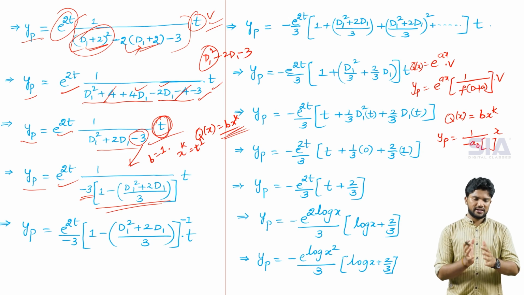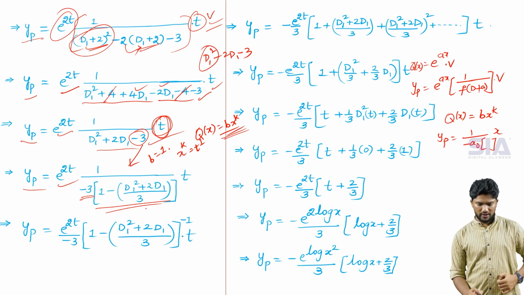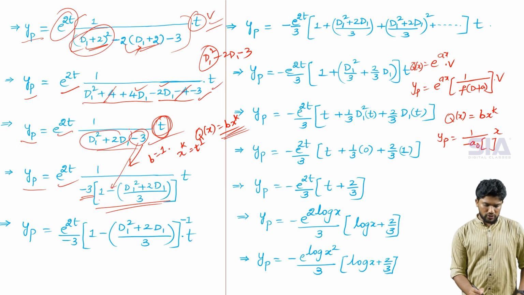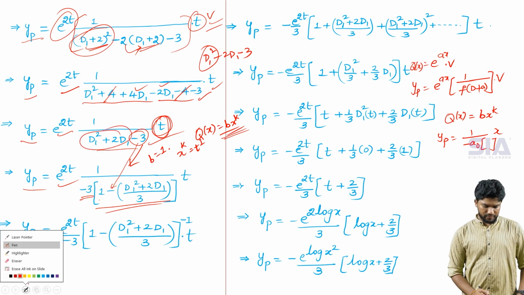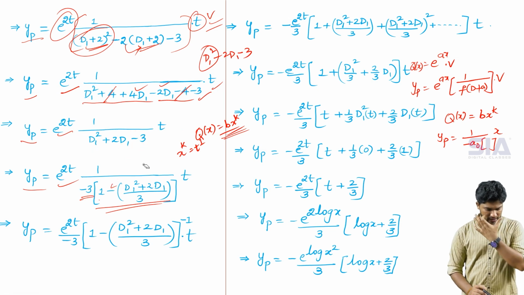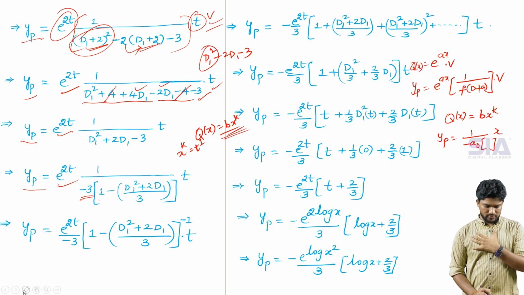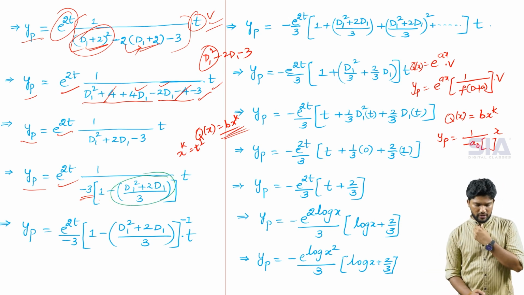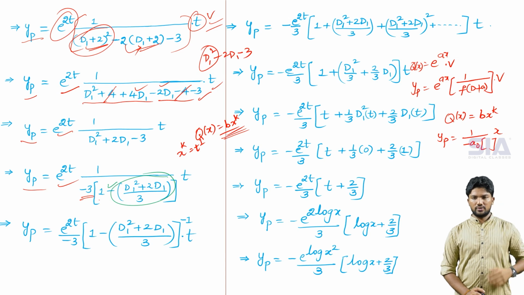If you take minus 3 common from the equation f of d, in place of minus 3 you will get 1, minus the remaining two terms, d1 square plus 2 d1 by 3, including the minus, into t.